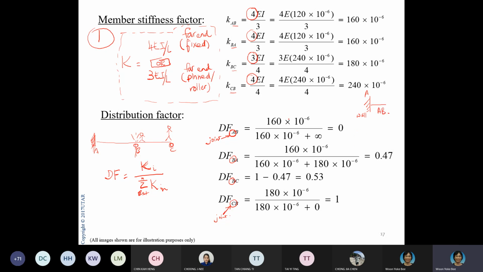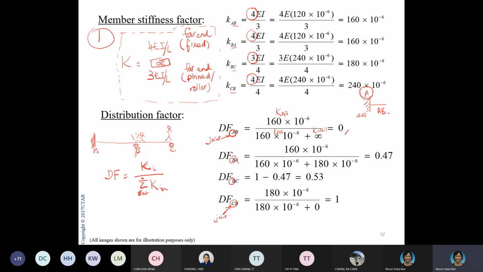So if I'm saying AB, then I'm taking the K of AB, divided by the sum of all the stiffnesses that are joined to the node A. So I have KAB here, and this is the K of the wall. The K of the wall I assume to be very stiff, so anything divided by infinity is actually 0. That is how I establish my distribution factor at AB.